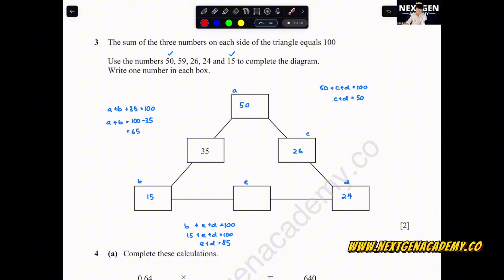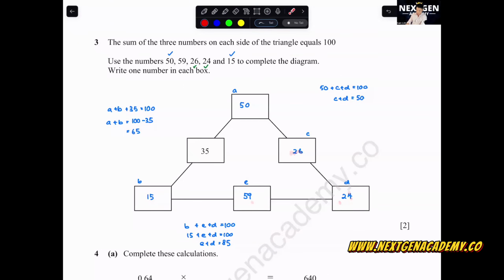We already used 26 and 24, right? So these two, we might rotate. This number is confirmed here. This one is 59, right? Or can 59 be here? Cannot, right? So 59 is over here. This one should be what? Flip them, right?